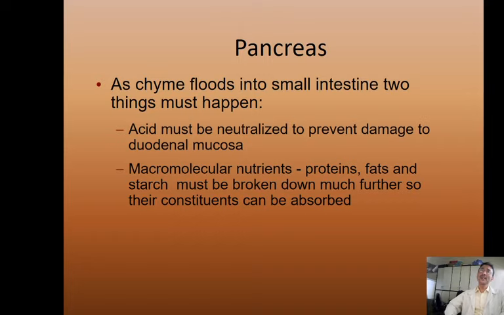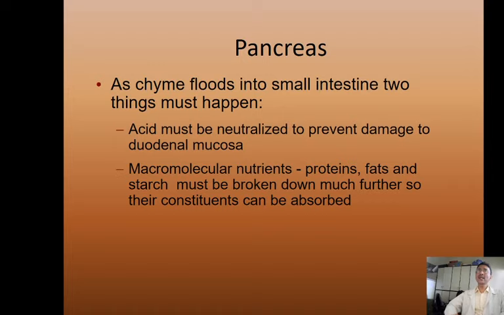So as this gastric secretion or chyme enters from the stomach into the duodenum, it is important that the acid pH must be neutralized in the duodenum. Otherwise, the presence of acid in the duodenum will result in damage to the duodenal mucosa and ultimately result in ulcers. This is one of the pathophysiological bases for all duodenal ulcers.